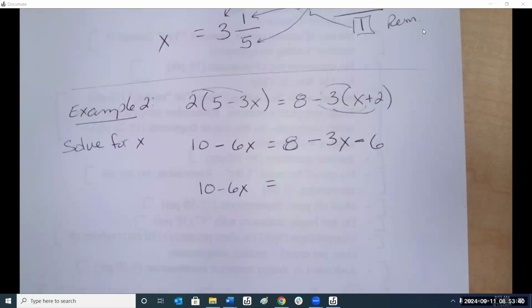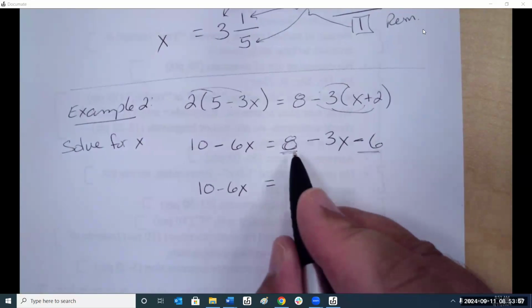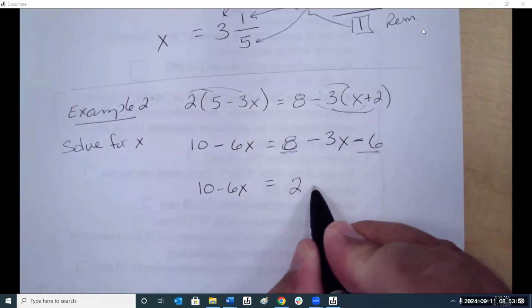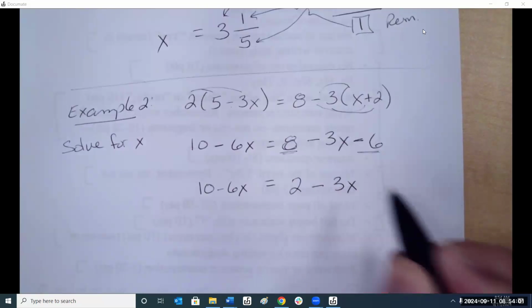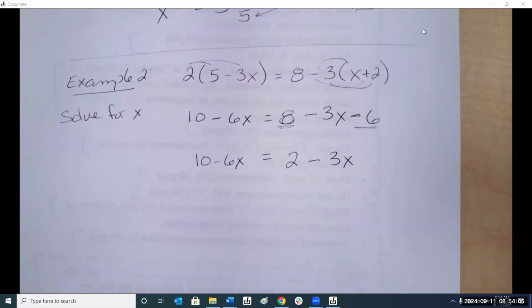If it has a variable, it has to be identical variables. Yes, and x squared cannot. So they have to be identical. In this case, we have 8 and negative 6. 8 minus 6 is 2. Minus 3x.